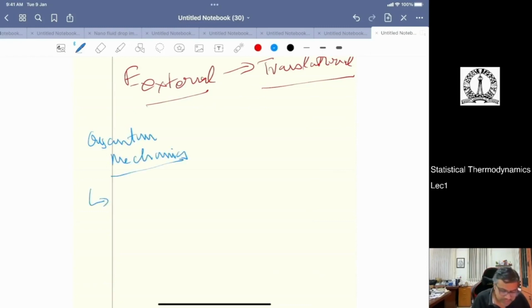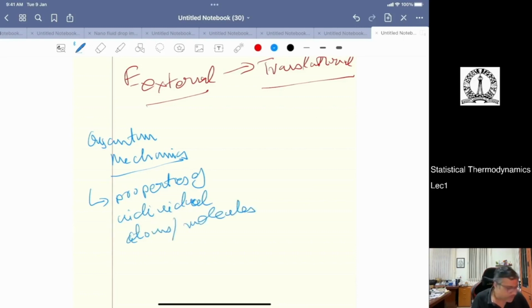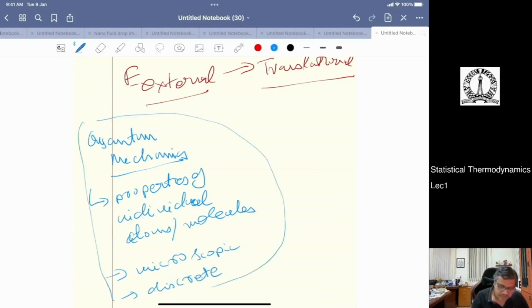Quantum mechanics looks at the properties of individual atoms or molecules. Of course, it is microscopic, and it is discrete. These are all hallmarks of quantum mechanical calculation. Then on this side, you have classical thermodynamics.